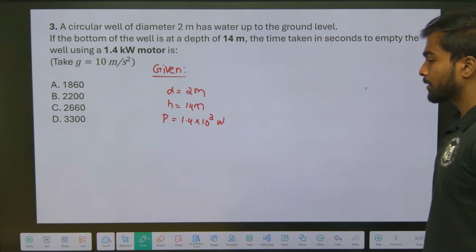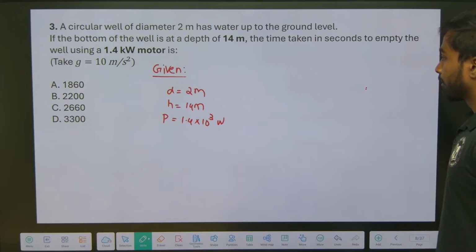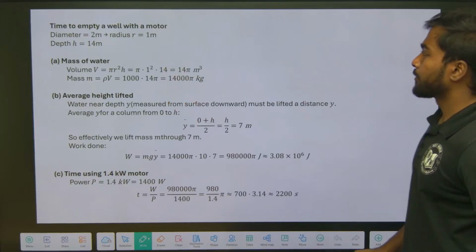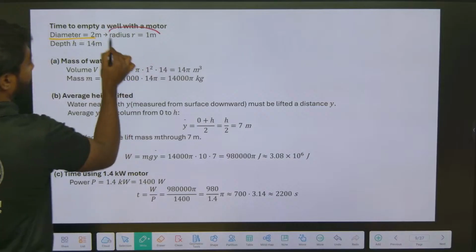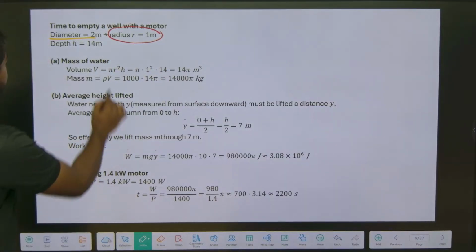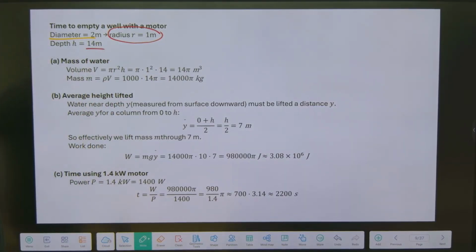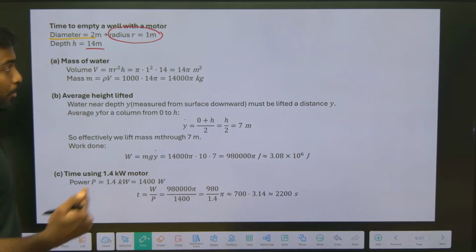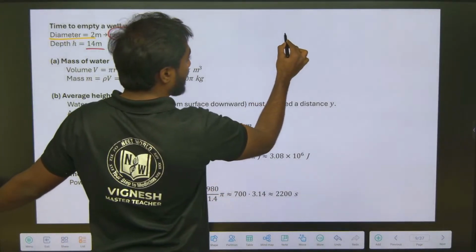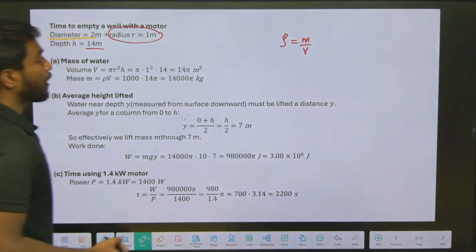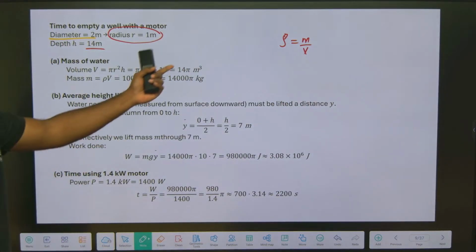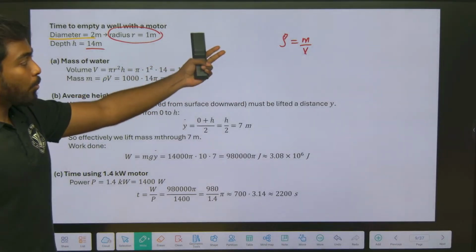Done. Okay, so let's see the answer. First thing, diameter is 2 meter, so radius will be 1 meter, and depth is 14 meter. So what's the relation between mass and volume? Density equals mass by volume, so mass will be volume into density.